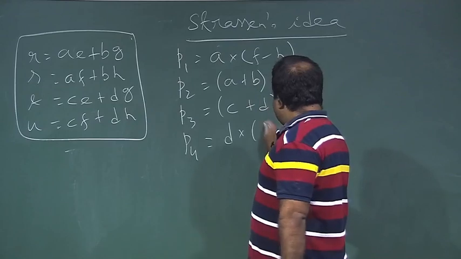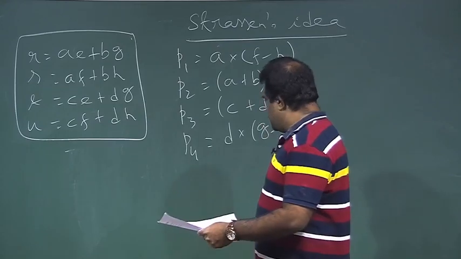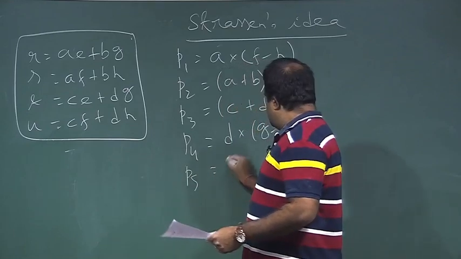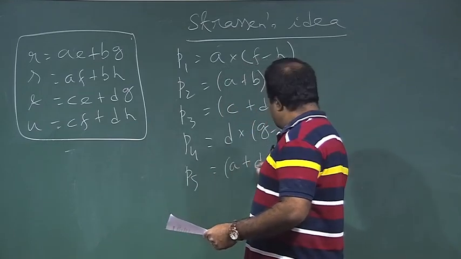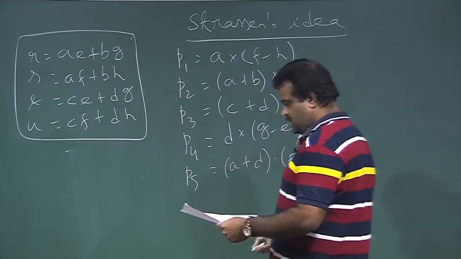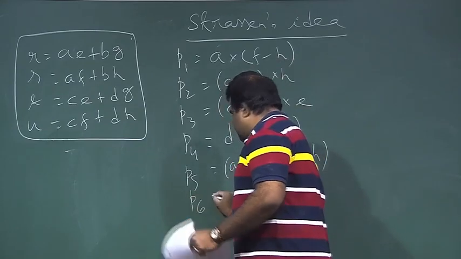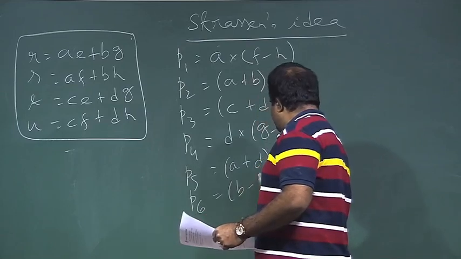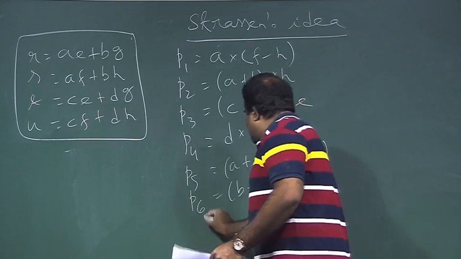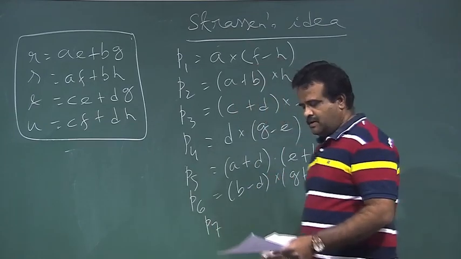P4 is D into G minus E, and P5 is A plus D into E plus H, and P6 is B minus D into G plus H, and the last term is P7.